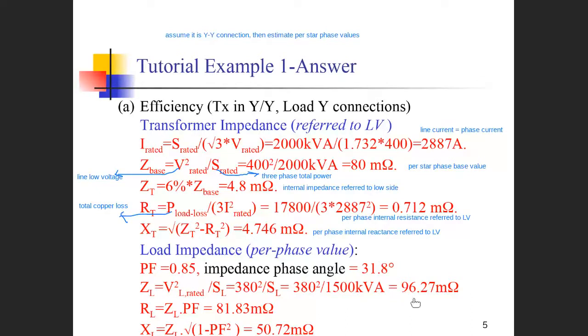So this is the per phase load power. The per star phase load impedance.